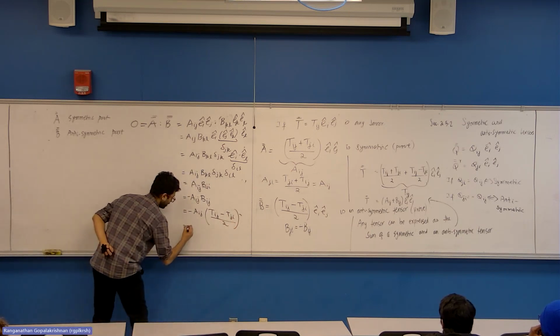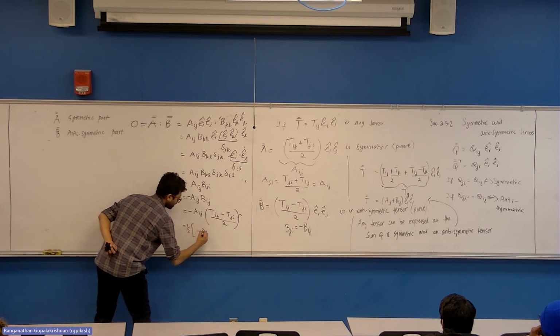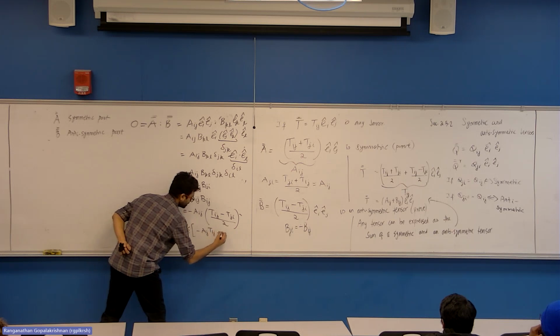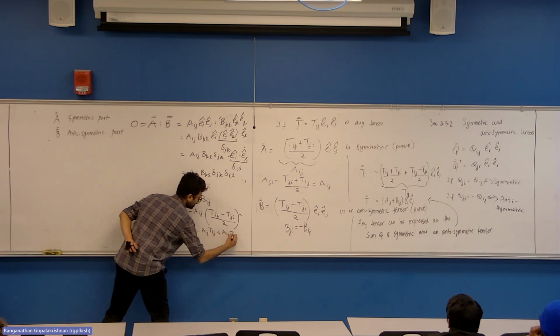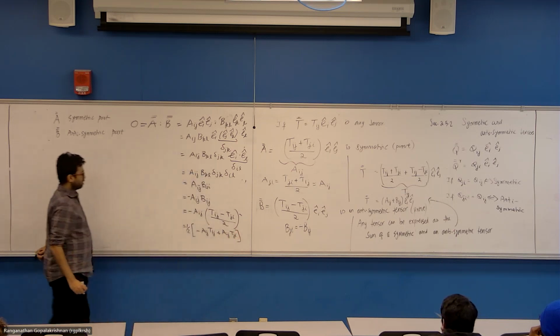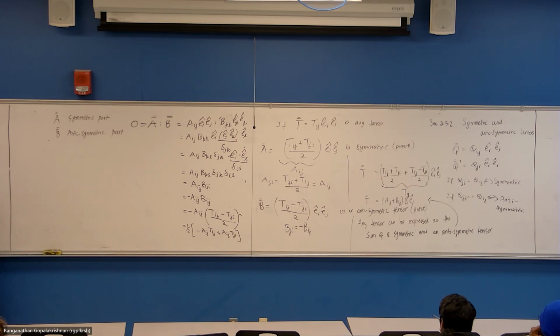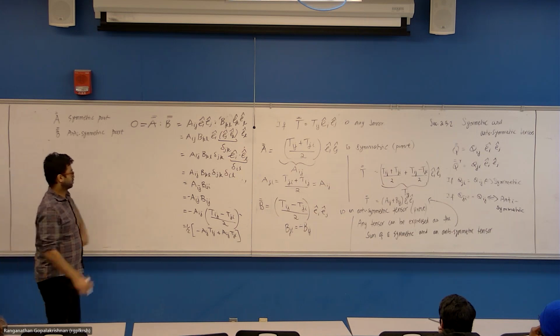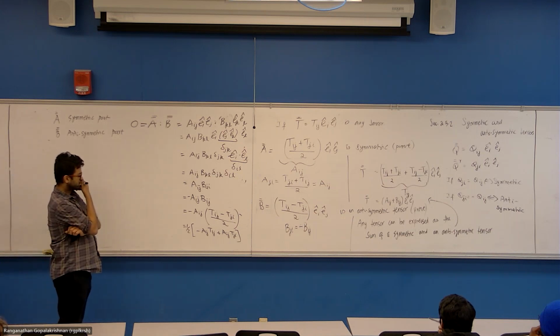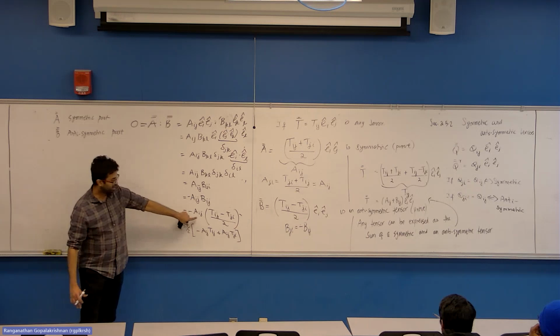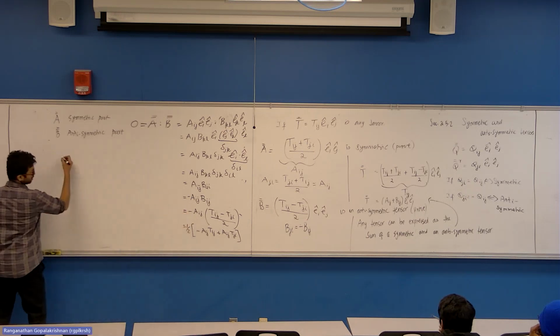So you have 1/2, which is common, minus Aij Tij plus Aij Tji. Okay, with me so far? I just did multiplication.